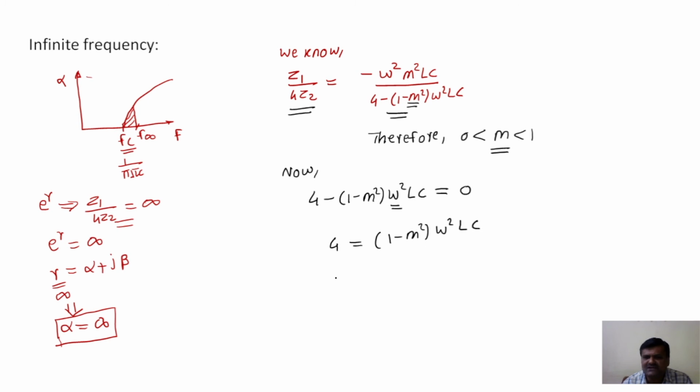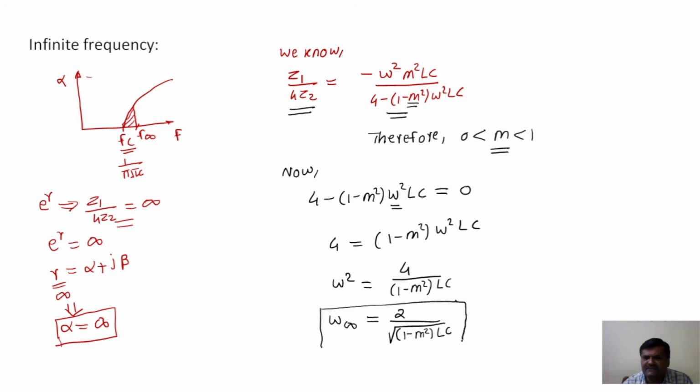I can also write omega square equal to 4 divided by 1 minus m square LC. So omega equals 2 divided by root of 1 minus m square LC. How to calculate the infinite frequency? Infinite frequency omega infinity equals 2 divided by root 1 minus m square LC.